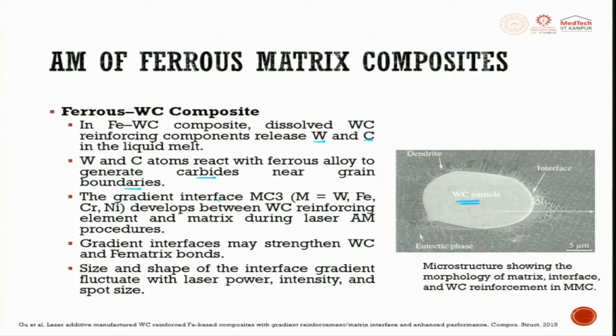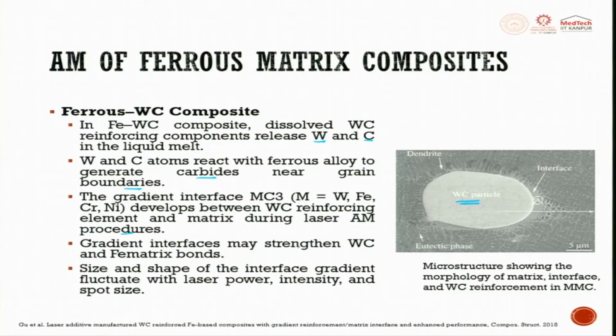The gradient interface M6C, where M can be tungsten, iron, chromium or nickel, develops between the tungsten carbide reinforcing element and the matrix during laser additive manufacturing. It gives you completely new compounds, new intermetallics. All these things are formed in this additive manufactured route.